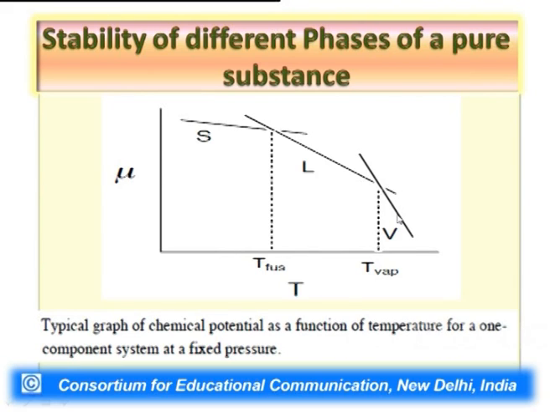Above the boiling temperature, it is the vapor phase or the gas phase which has the least value of chemical potential, and hence above the vaporization temperature we have only the gas or vapor phase in our system. And at the melting point we have equilibrium between solid and liquid phases because the chemical potential of the two becomes the same, because their curves intersect, and hence the two phases come in equilibrium.